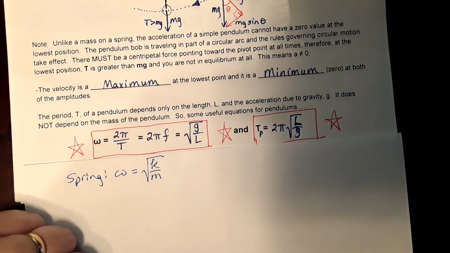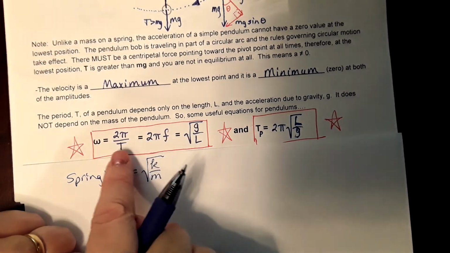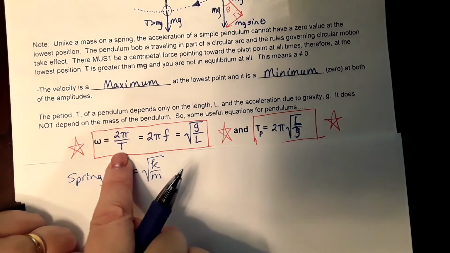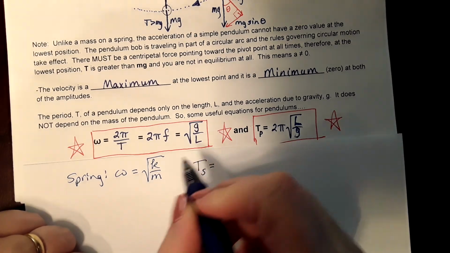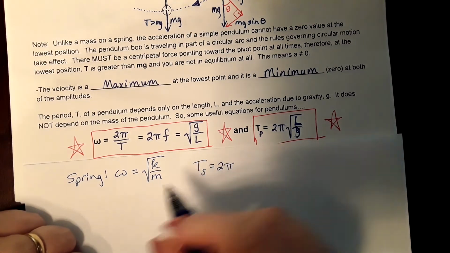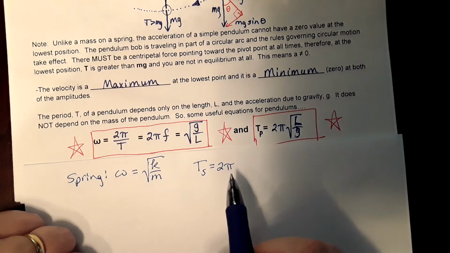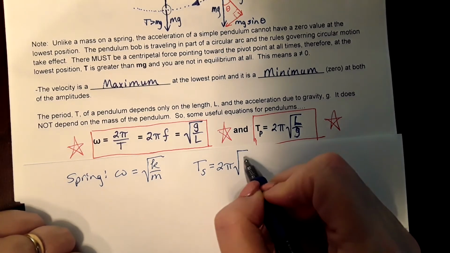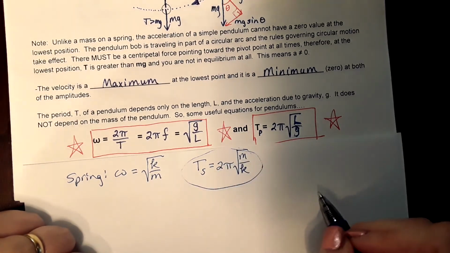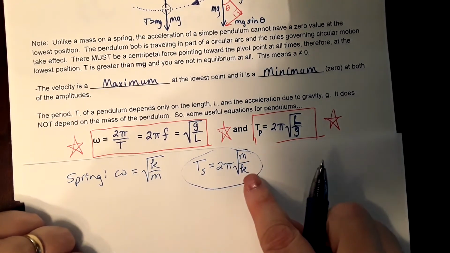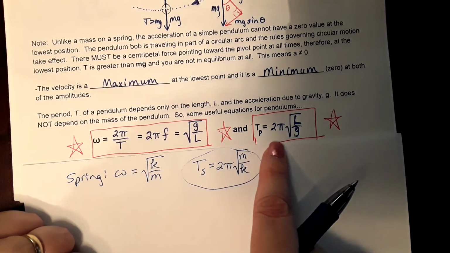Now, if we take either ratio and put it in right here and then solve for T, we saw that for a spring, the period was 2 pi divided by the square root of k over m, but we don't want that ratio in the denominator, so we multiplied the 2 pi by the reciprocal of that ratio, m over k. That gave us a nice little formula for the period of a spring based on the mass and the k constant of the spring. We can do the same thing for a pendulum.